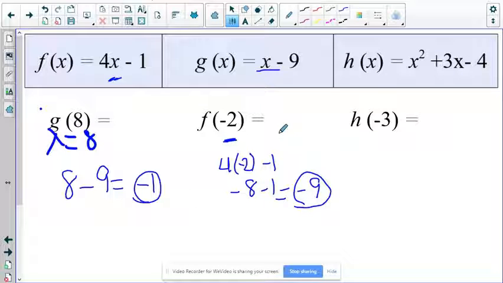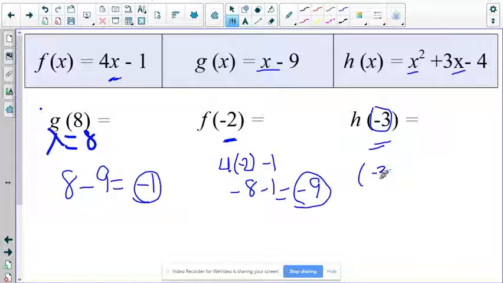Now the third one says, hey, h of -3. So that means I'm going to take -3, but notice h has a square. There are 2 places where there's an x, so I have to plug in this number twice. Anytime you square a number on a calculator, you need to put parentheses around it or it's going to be wrong.